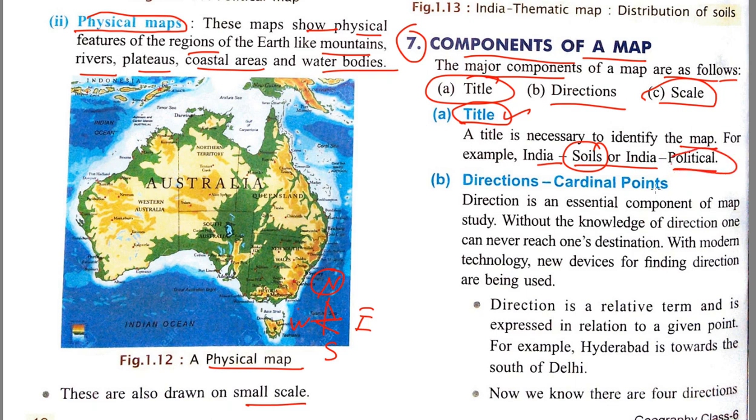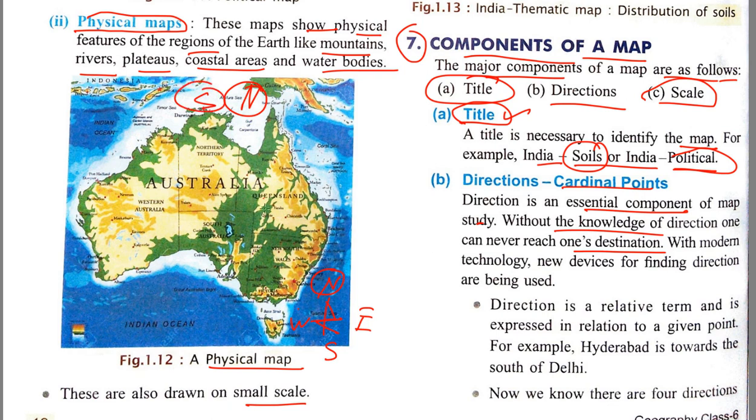Then directions, and two types of directions are there, cardinal directions and ordinal directions. Direction is an essential component of map study, and without the knowledge of direction one can never reach one's destination. If we assume that this is the north, this is the south, then we can't reach any place according to our destination.